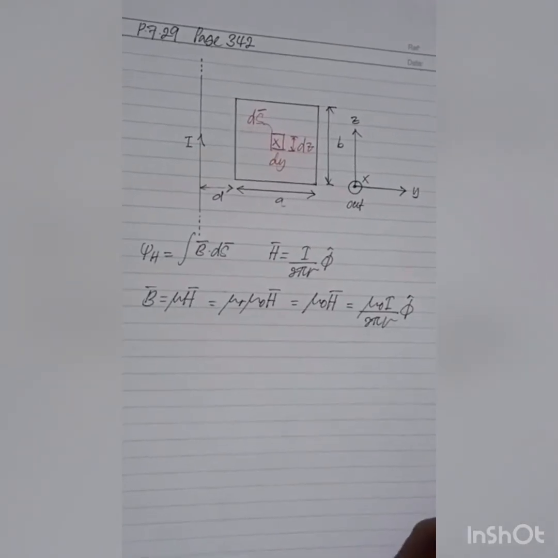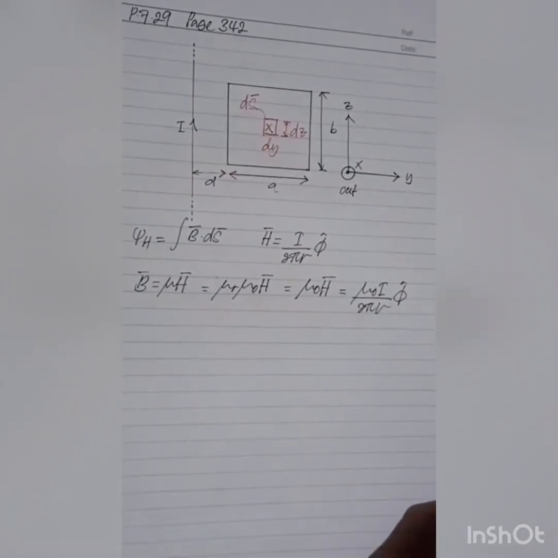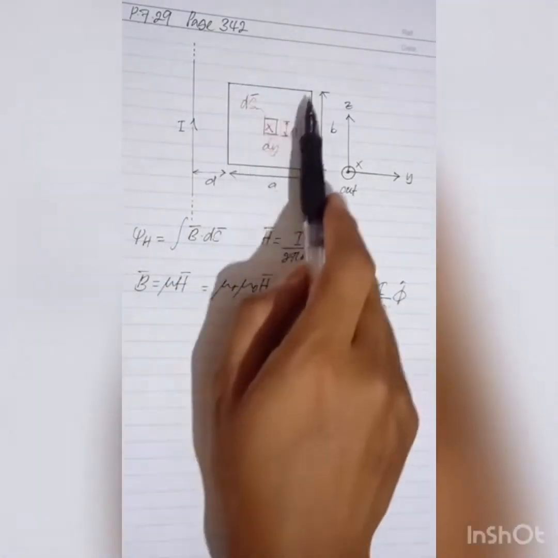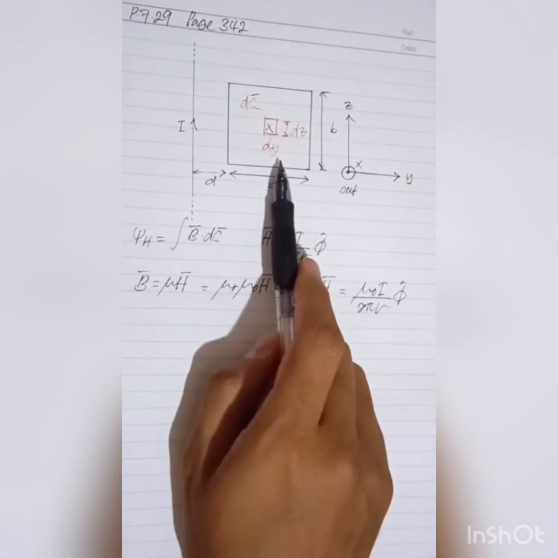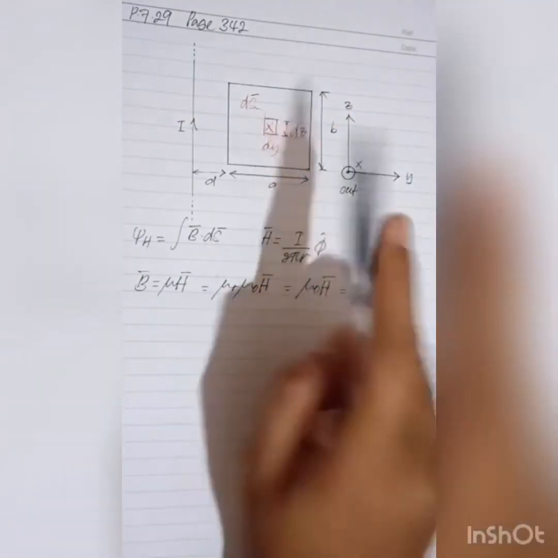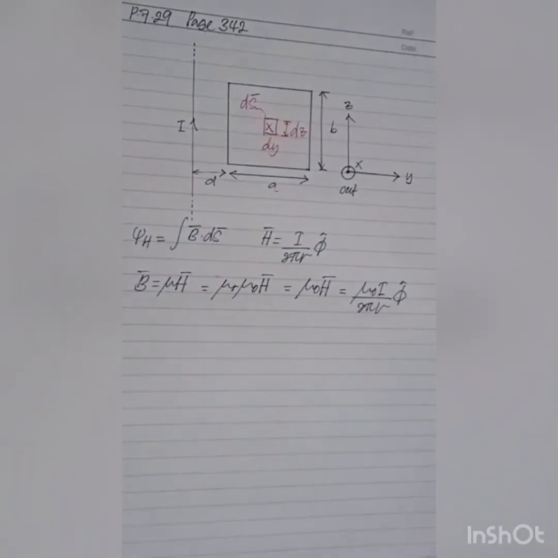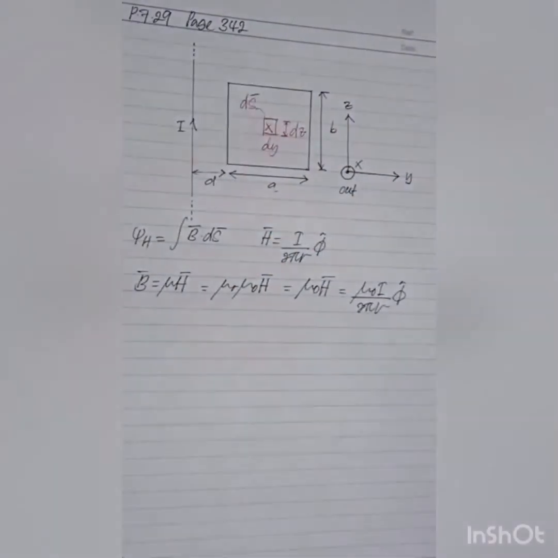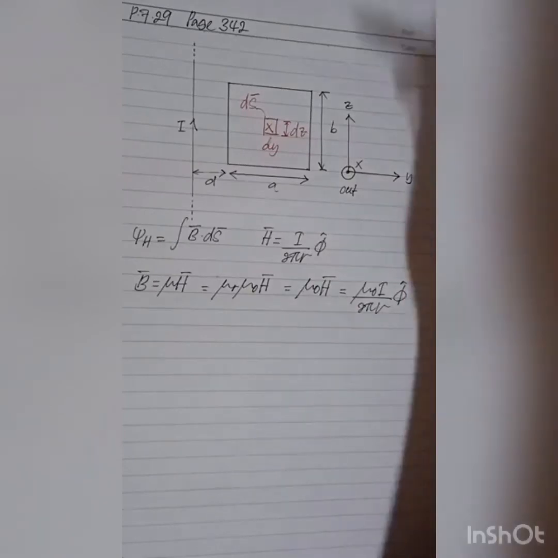Now we are going to look at the B or H field exactly at this point, because this is our area of interest. We have to find the B that actually passes through this particular position. To make it easy, I would like to draw the diagram in 2D. We had the YZ view, and now I'm going to draw again in the XY plane, looking from the top view.